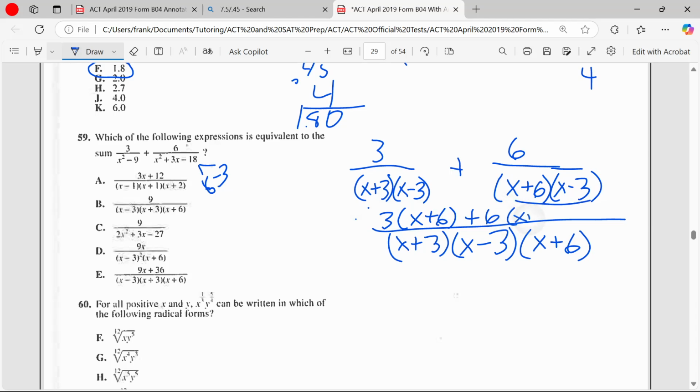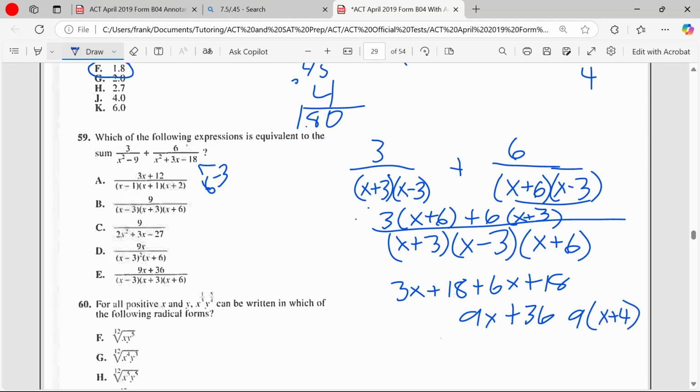Making sure: 3x plus 18 plus 6x plus 18 is 9x plus 36, which is 9 times x plus 4. So that's the numerator.